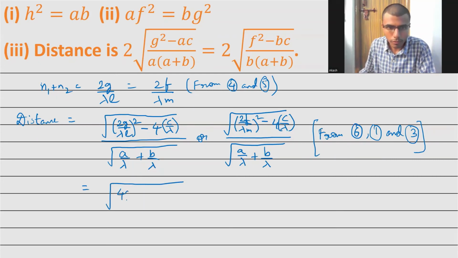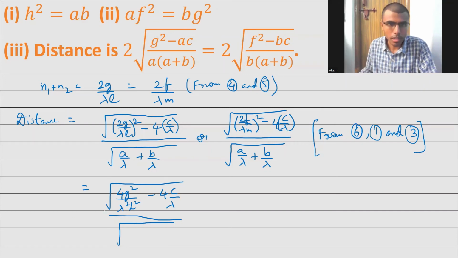So this would be nothing but under root of 4g square by lambda square L square minus 4c by lambda, divided by under root of a plus b by lambda.